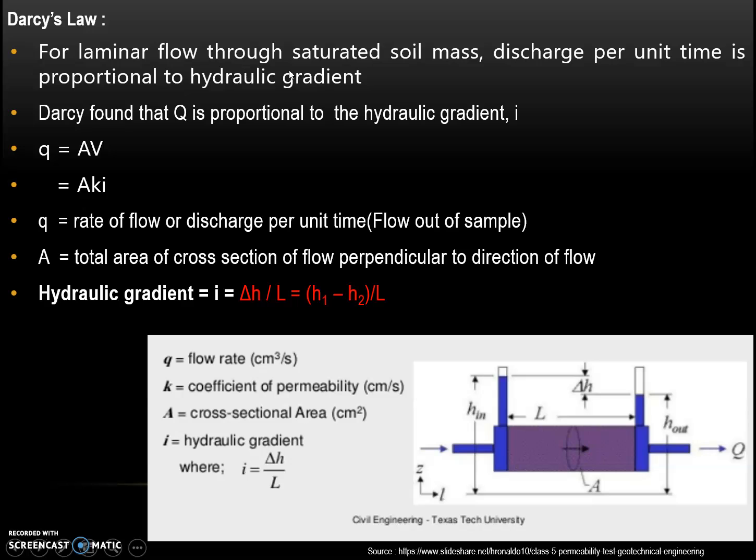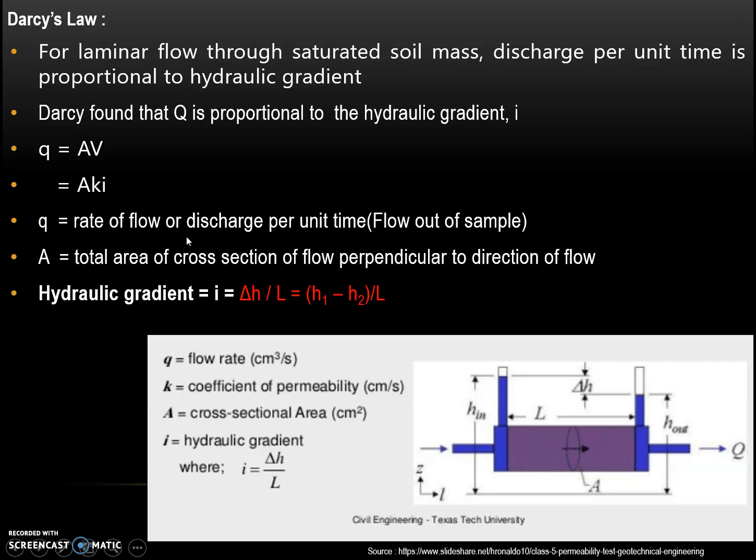For laminar flow through saturated soil mass, discharge per unit time is proportional to hydraulic gradient. Darcy found that Q is proportional to the hydraulic gradient I. So Q is equal to area into velocity. Velocity is K into I. So Q is equal to A into K i.